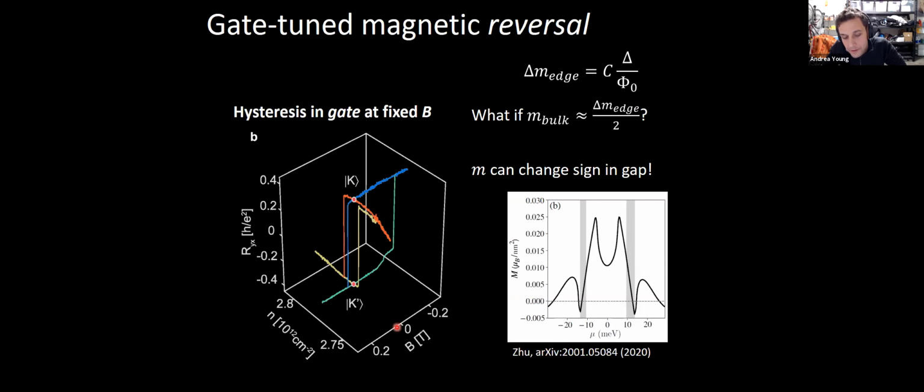So is it possible to change how the hysteresis is? I think if you did this at slightly positive field, would it be reversed?